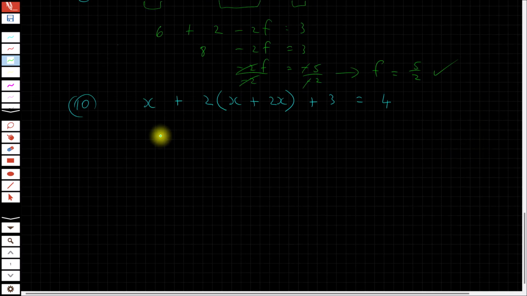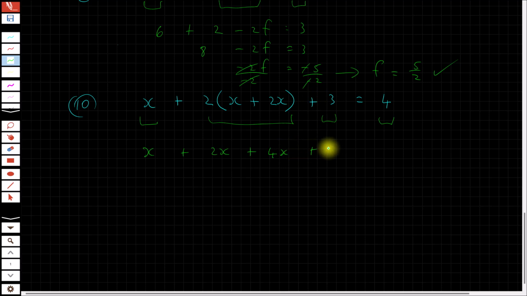The last one here, we have x plus this term here plus another term here. So we have 1, 2, 3 terms plus 1 term on the right hand side. So let's firstly expand out these brackets here. We have x plus 2 times x is 2x. 2 times a positive 2x is 2 times 2 is 4, so that's 4x.